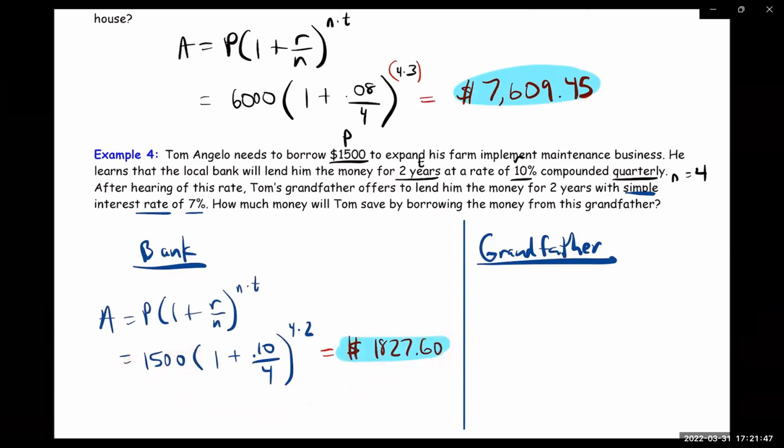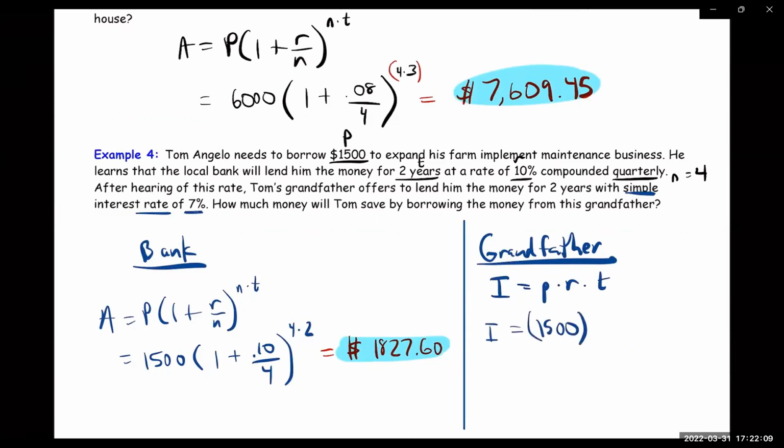All right, let's see what kind of deal the grandfather's going to give him. Because it says simple interest, remember simple interest is I = PRT. So the interest is going to equal the principal amount that he borrows, 1,500, times the interest rate.